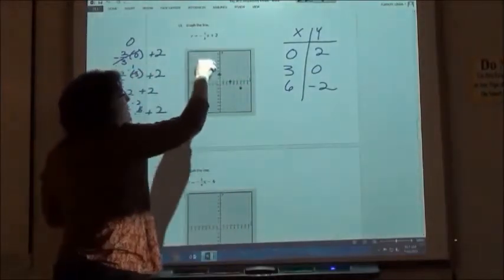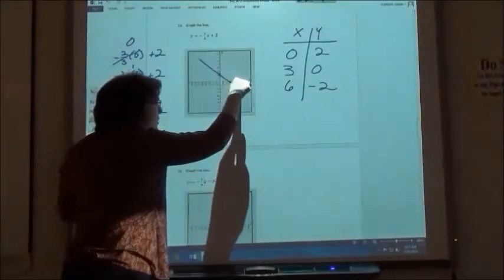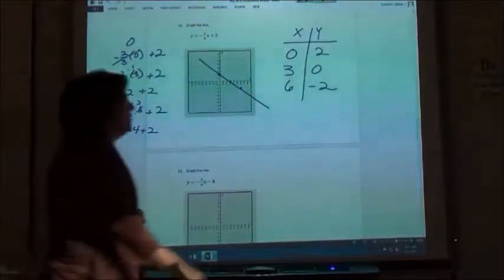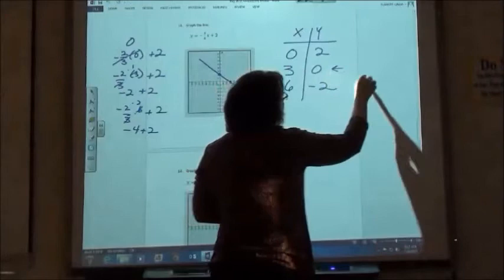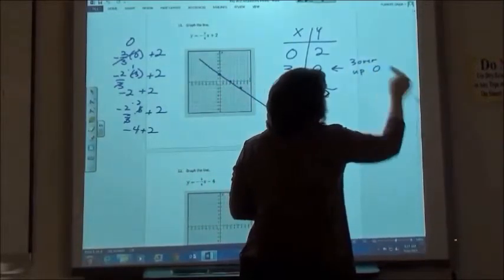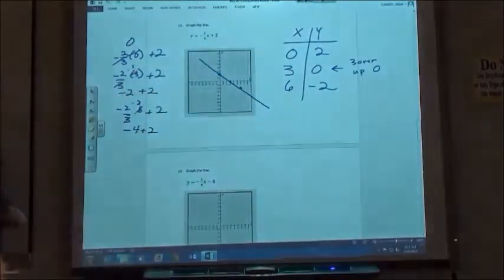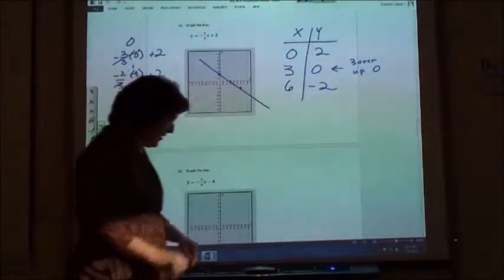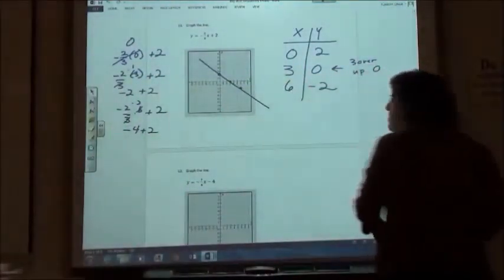We knew our slope was negative, so when we connect our dots, we should be going downhill, and we are. So you might just want to write yourself a note on that one: 3 over, up 0 ends up right on the line, because you seem to have trouble with those that have that 0 in there.